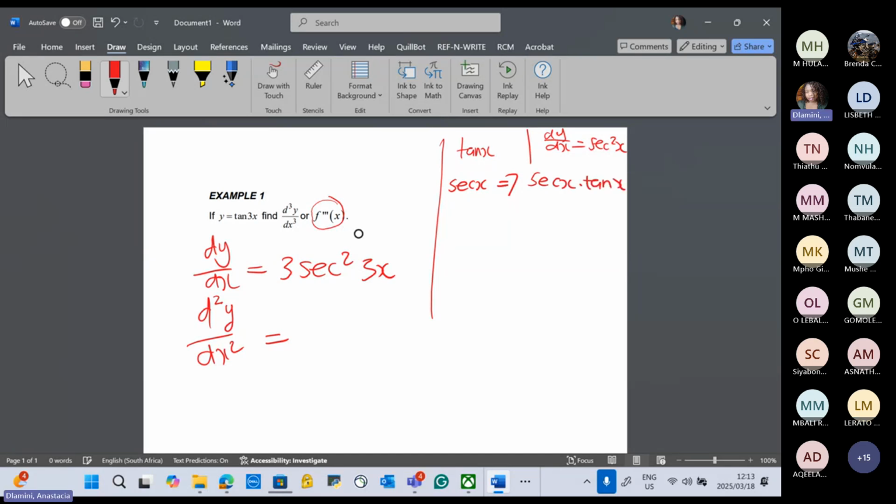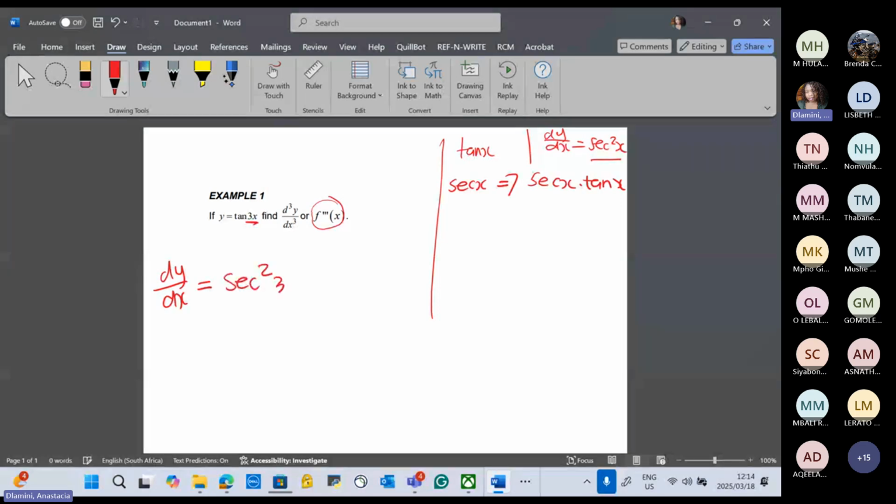Thank you. I just want to simplify it because sometimes we forget. We know dy/dx, meaning that it's sec squared x. In this case, because we have f of x, this is sec squared 3x times the derivative of f of x, which is 3. So this equals 3 sec squared 3x.